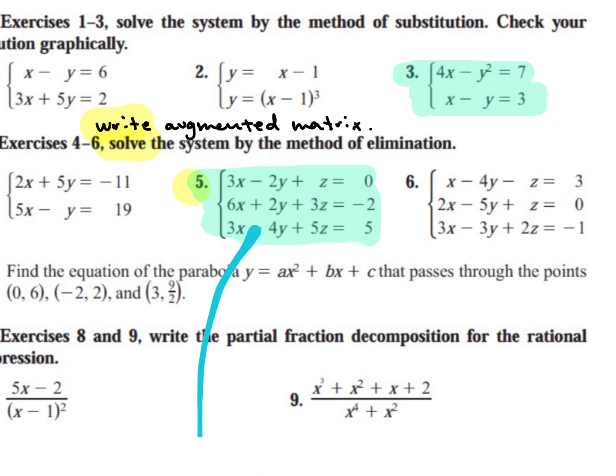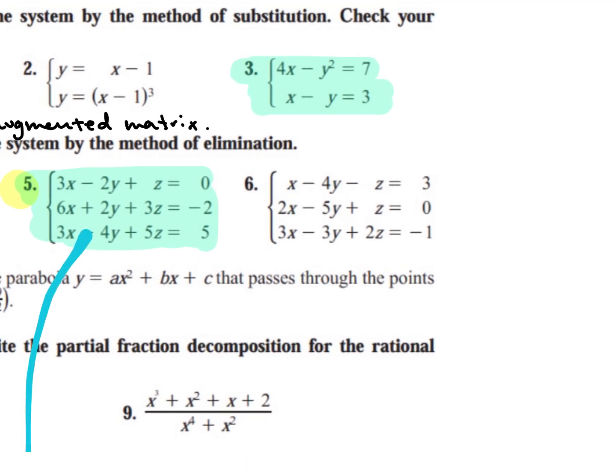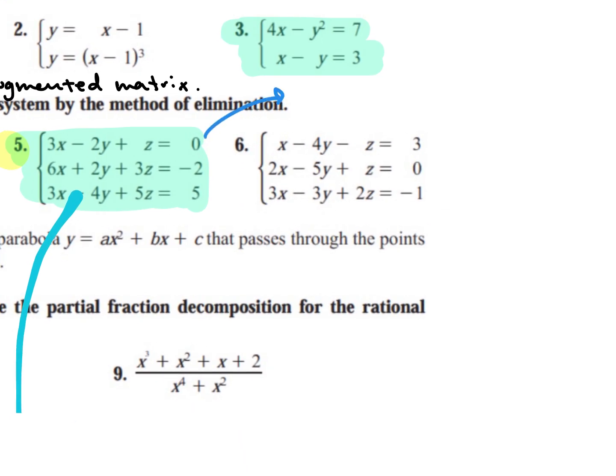Let's take a look at matrices. So number 5, I added a question here. Just using the system of equations for number 5, I said write the augmented matrix. Yes, there's going to be a question on your test that is as easy as just write the augmented matrix. So our augmented matrix here would be 3, -2, 1, and then 0.